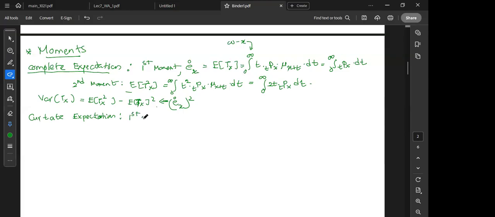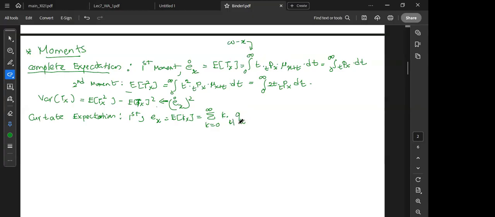So the first moment is given as e_x. Now we don't have a circle. That means this is the discrete version. If you have a circle, that is the continuous version. And since this is the expectation of K_x, which is the curtate random variable, and it is discrete, instead of the integral, we have the summation, and it goes from 0 to infinity, and the value is k. And always it has this deferred probability.